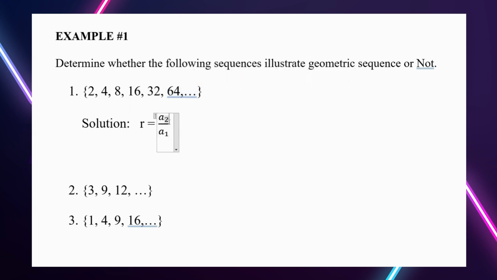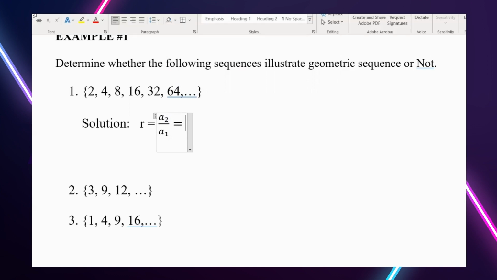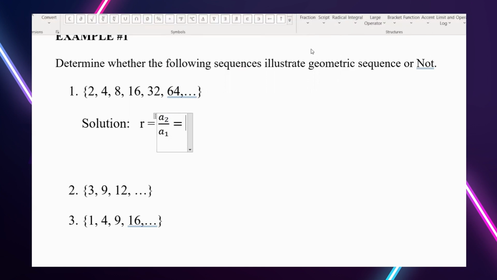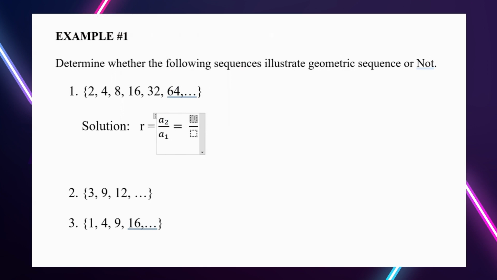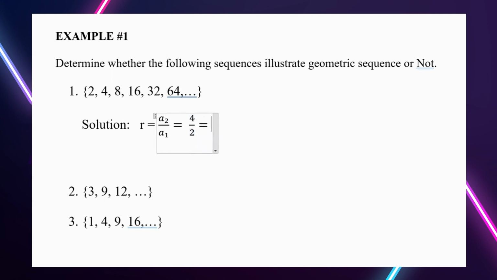So, kailangan bawat terms of the sequence ay meron silang common ratio para maklasify natin na ito ay geometric sequence. So, ang a sub 2 natin ay 4, at ang first term natin ay 2. So, 4 divided by 2 is equal to positive 2.